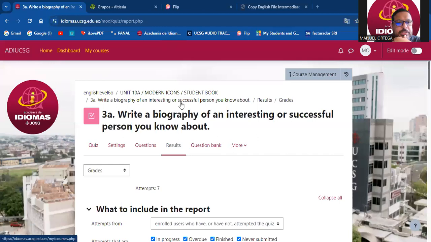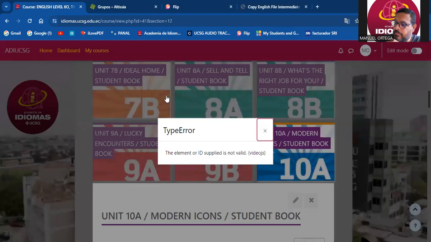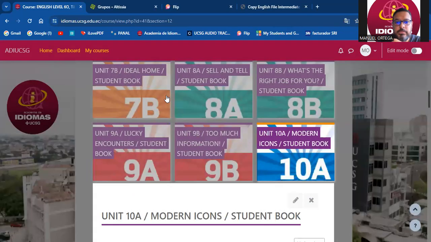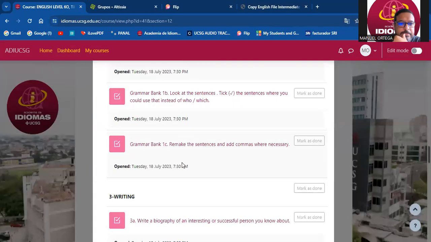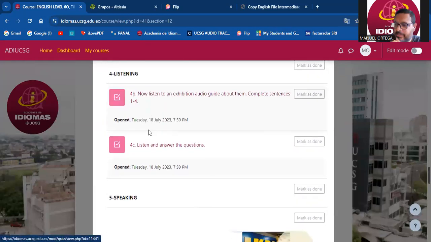Okay, after the time that we took for the writing activity, it's time to move on. So we just finished the activity on writing 3A. Let's get to the section number 4 of the unit, that is listening.